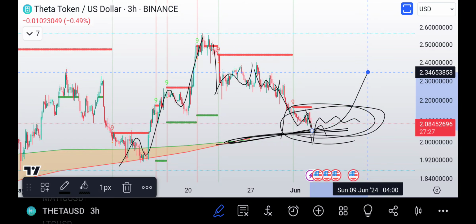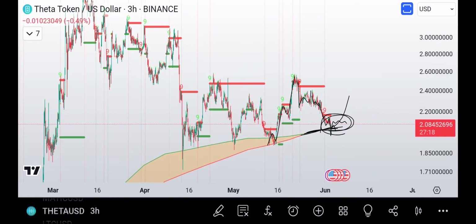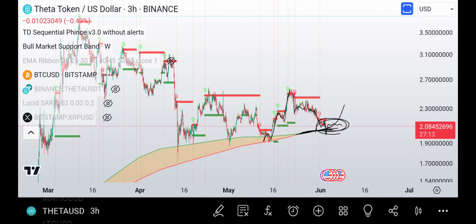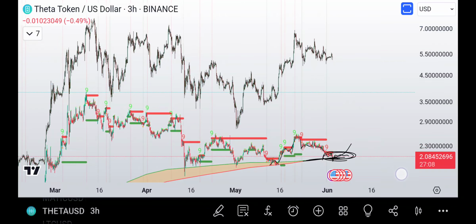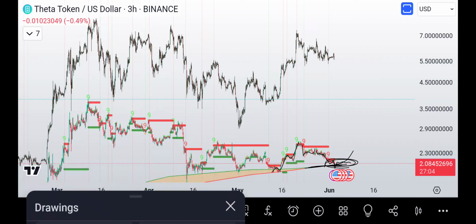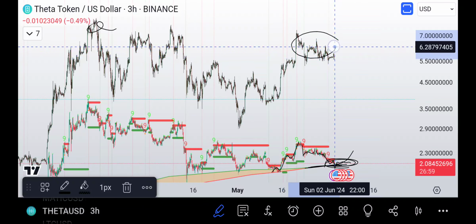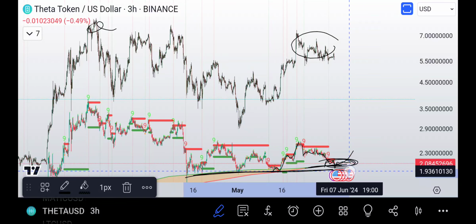Now, this is all contingent on the Bitcoin triangle playing out as well. So if the Bitcoin triangle fails and we start breaking lower, then we're going to know soon. Because when you put Bitcoin on, and let me just scrunch this down in here, you could see here's the top, and here's where Bitcoin is. But Theta is all the way at the bottom here, right?